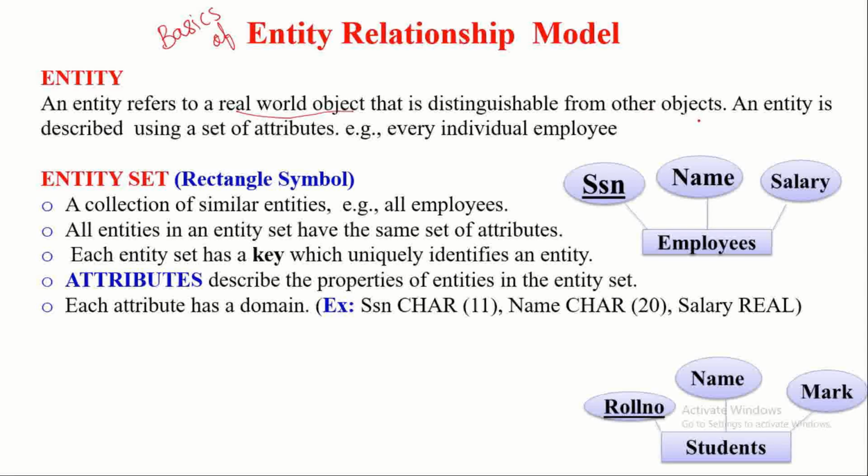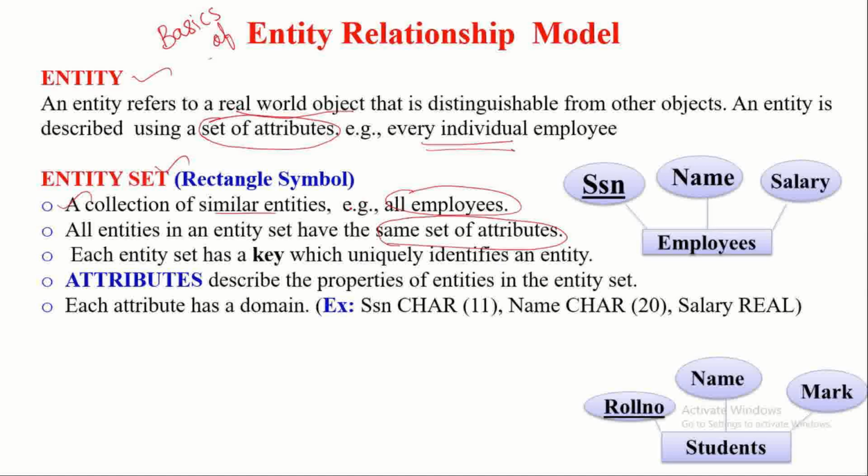An entity is described using a set of attributes. An entity set is a collection of similar entities that have the same set of attributes. For example, every individual employee in an organization is known as an entity, and the collection of all employees in an organization is known as an entity set.